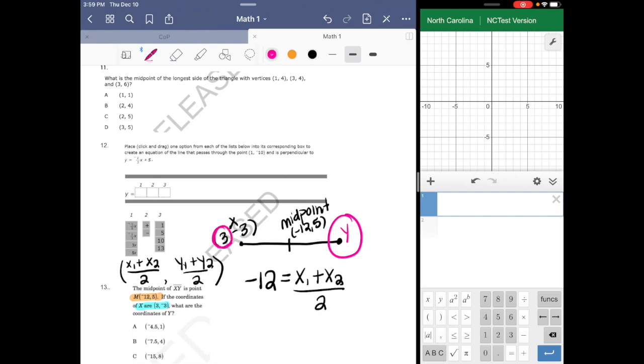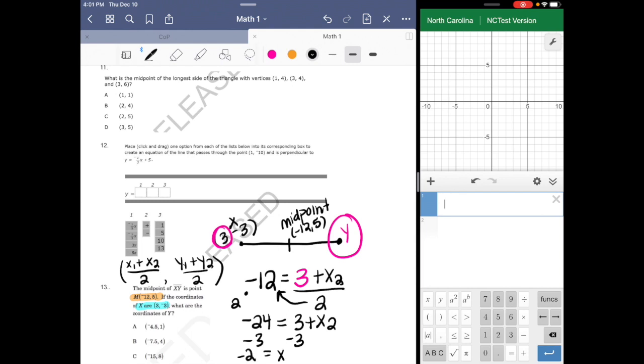Well, I already know what one of my x's is. One of my x's is 3. So I'm going to substitute in 3 into my problem. And I'm going to solve this. So I'm going to start by multiplying the 2 over. So we get negative 24 equals 3 plus the second x, or you can just call it x. It doesn't really matter. Then we're going to subtract 3.